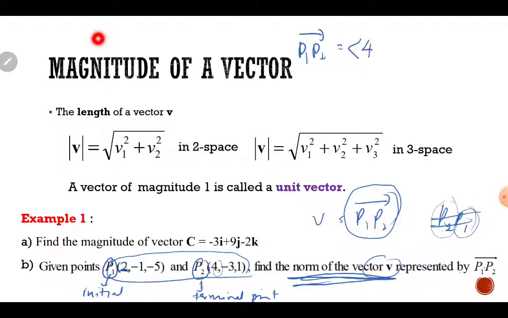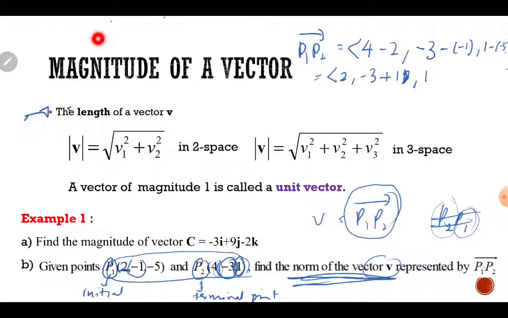So the vector is 4 minus 2, then -3 minus 1, be careful, and the last one is 1 minus 5. So it will be 4 minus 2 is 2. Negative 3 minus 1, so you're going to have negative 3 minus 1, which is negative 4... and 1 minus 5.